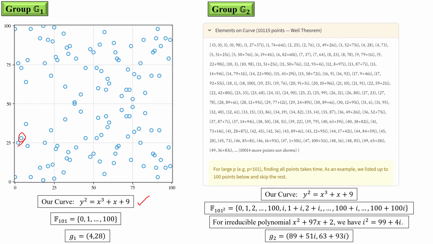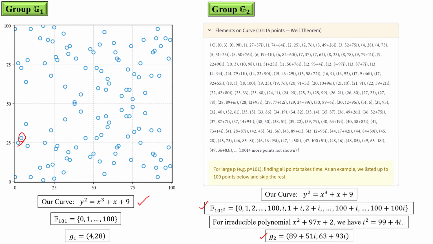This is the generator. The other group, G2, is a group generated by the same curve, but on the extension field, and the generator is 89 plus 51i and 63 plus 93i. So yeah, the goal of this discussion was just to generate these two groups.